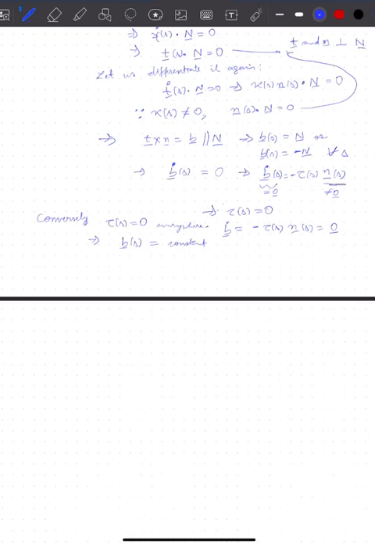Now, for a curve gamma to lie in the plane, what we are required to have is that gamma vector dot n vector has to be equal to some constant d.